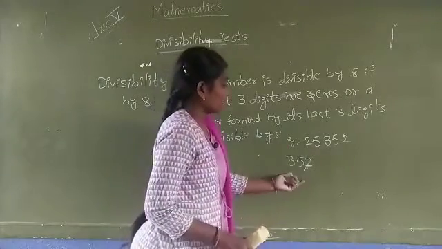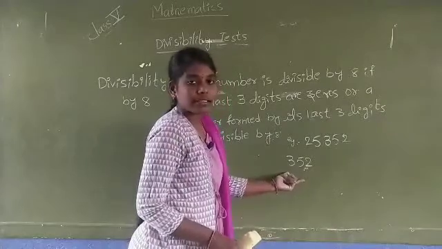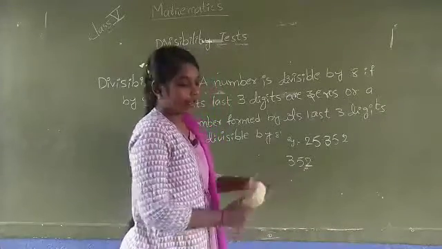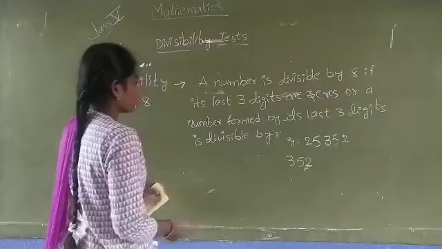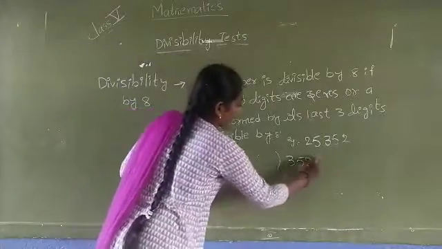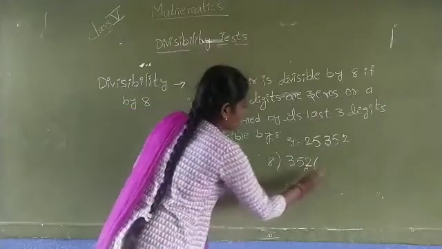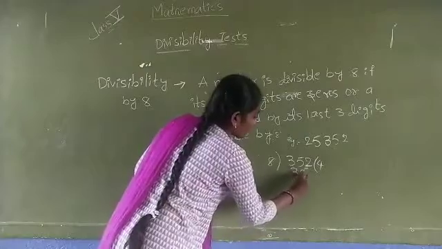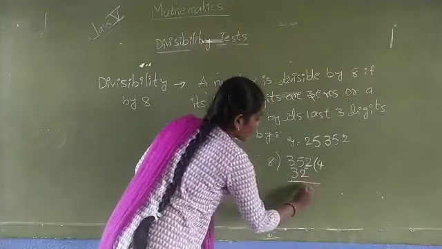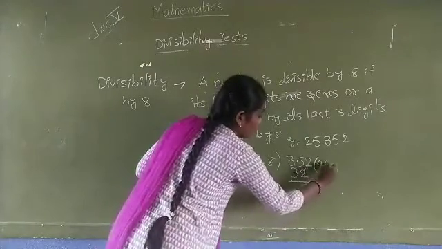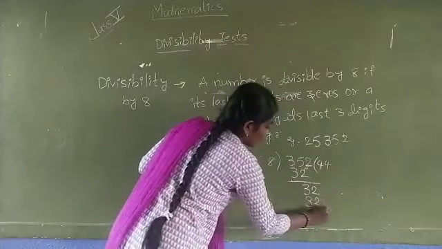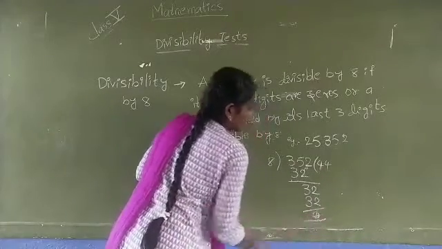Here we have to check this 352 is divisible by 8 or not. Eight fours are 32. The remainder is 0.